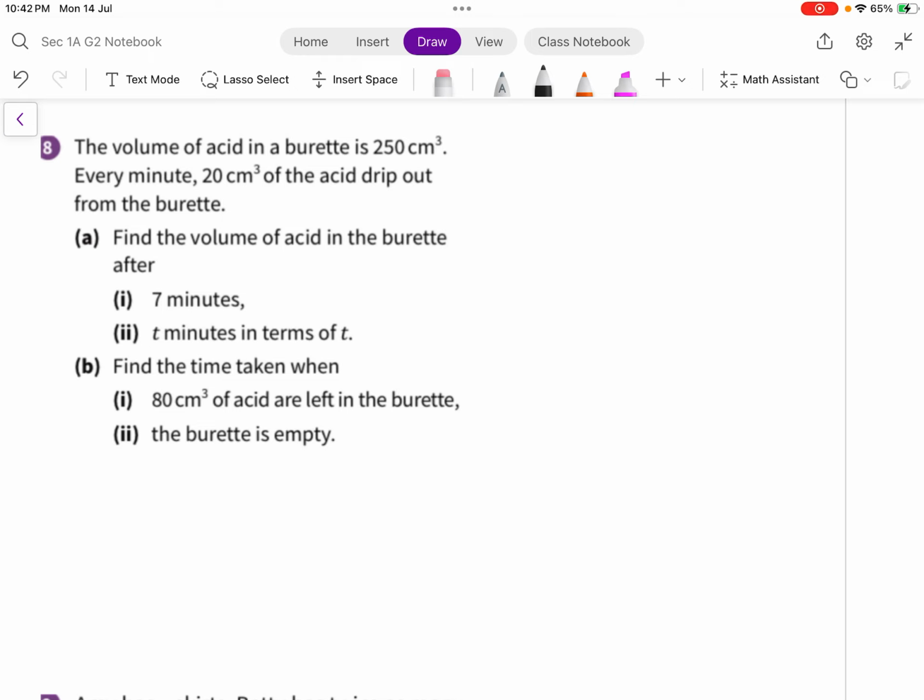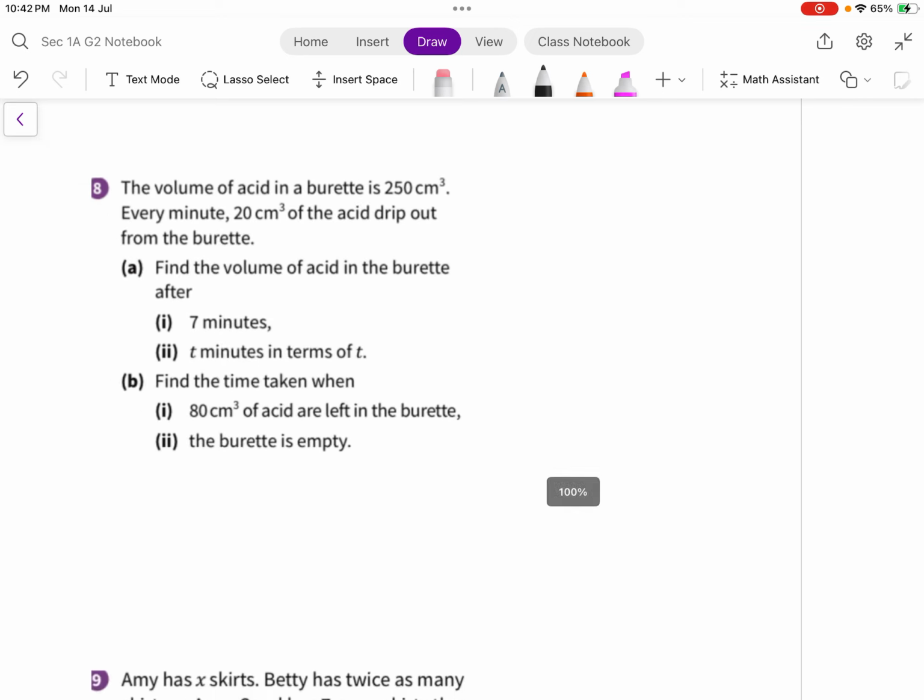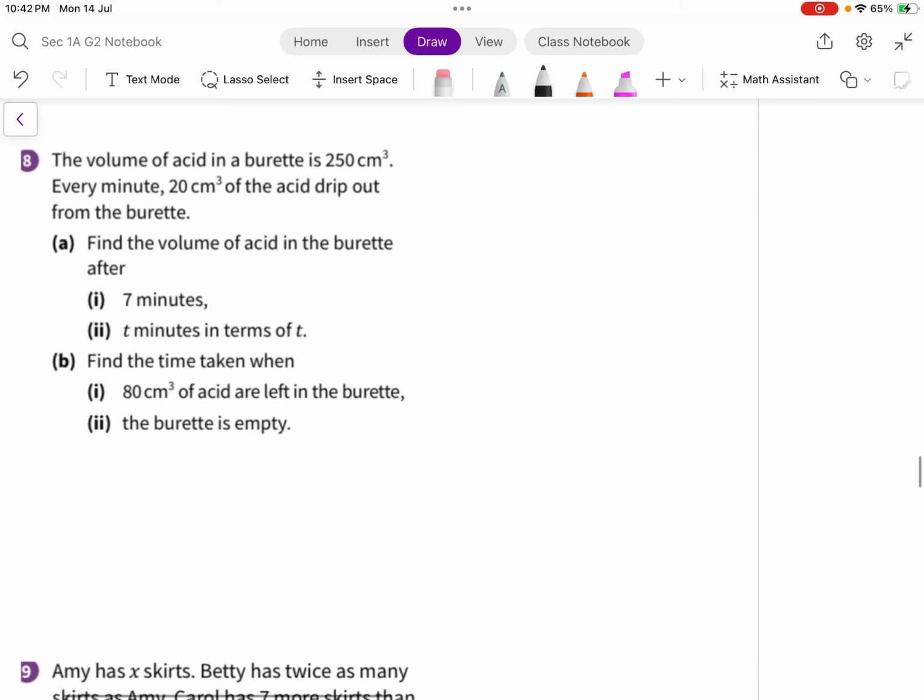Okay, so the volume of acid in a burette is 250 cm³. Every minute 20 cm³ of the acid drips out from the burette. Find the volume of acid after 7 minutes.